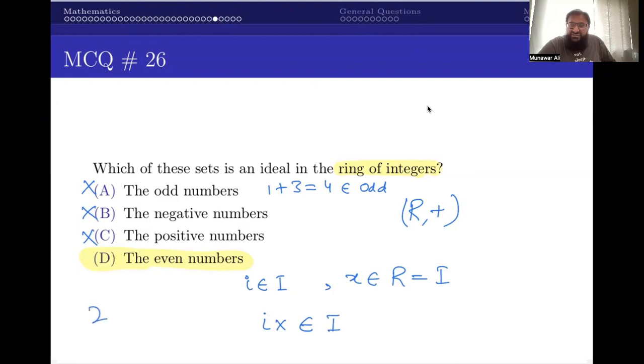So you take any even number, multiply with any integer, let's say 1, it's going to be again an even number, which is an element in the ideal of the ring of integers. So the correct option is D.